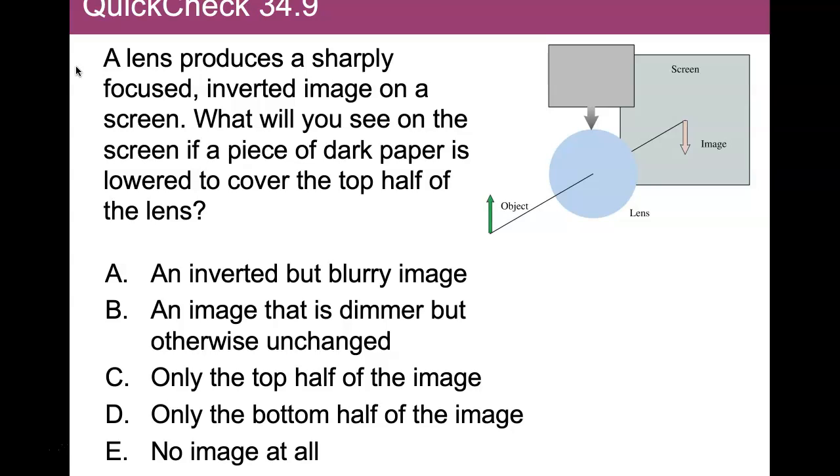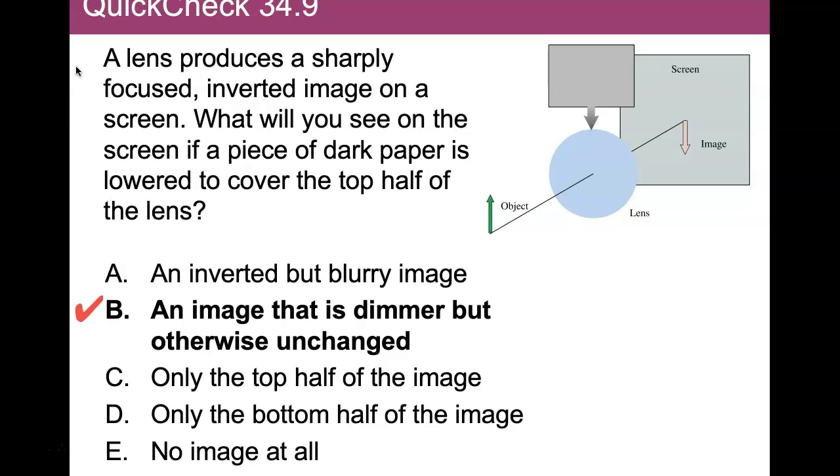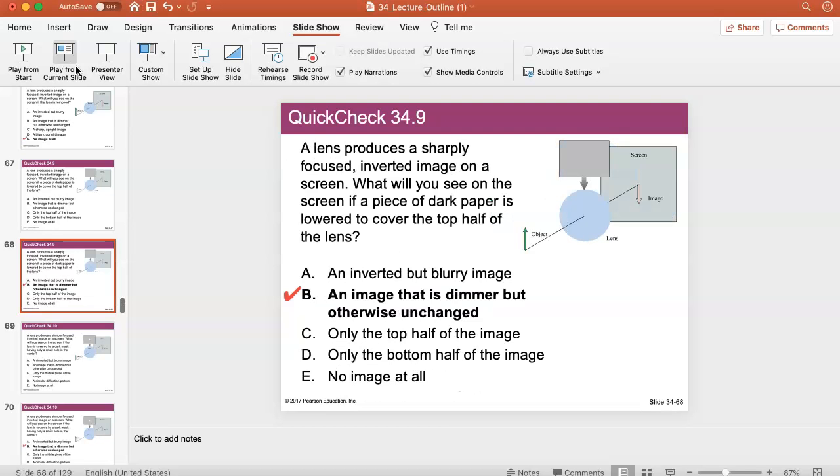So nothing should happen to the image except it gets slightly dimmer. That's an important observation. Let's say I cover the top half. Here I have this lens and I have this object here. If I cover that half, you have rays that bend this way, arrive at the lower half of the lens and bend and reach the image. So we're not going to lose the image there.